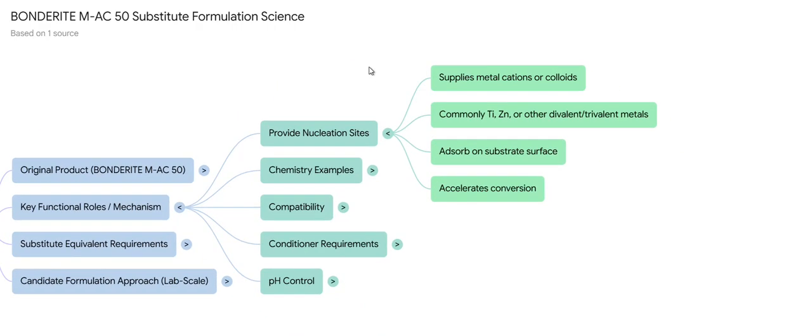Here, MAC50 supplies metal cations or colloids. Commonly this is titanium, zinc, or any other divalent or trivalent metal. It adsorbs on the surface of any substrate, and it accelerates the conversion reaction also.